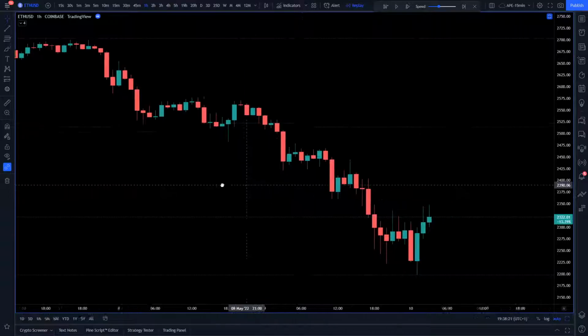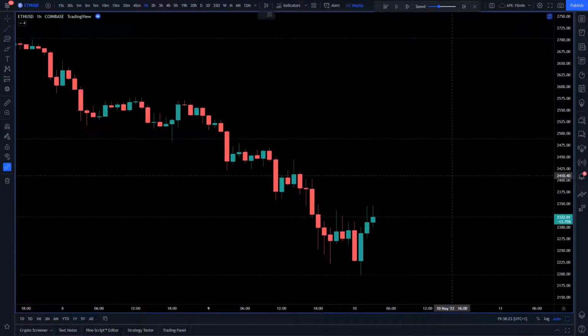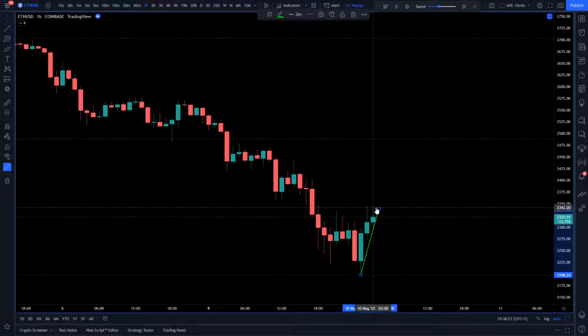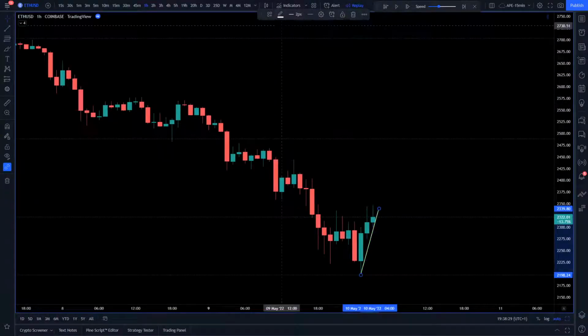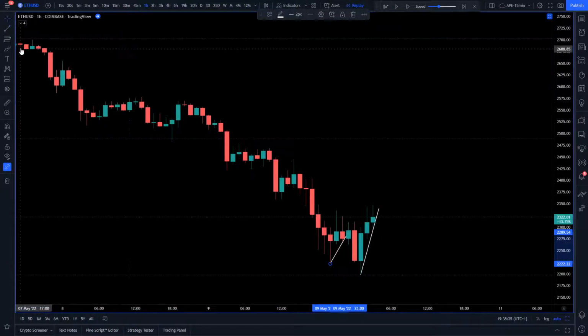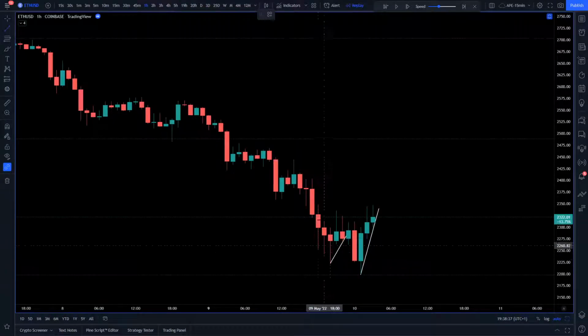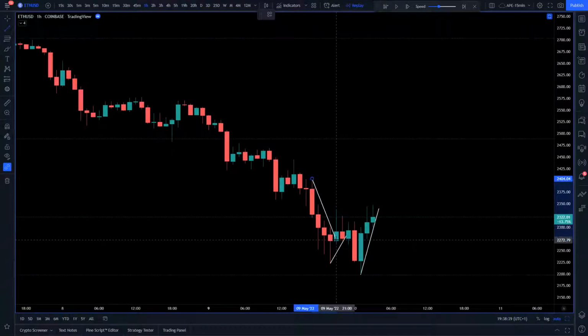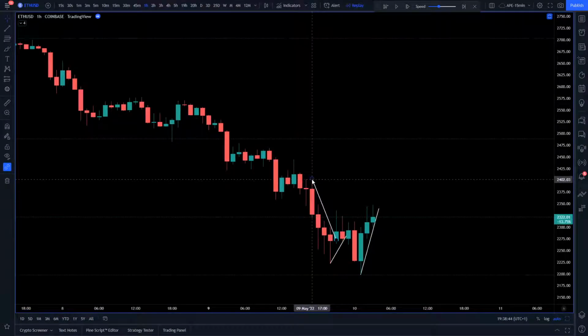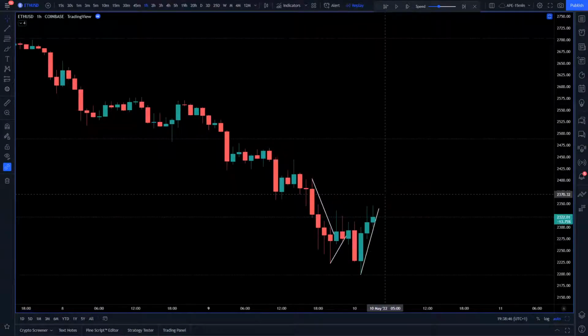First, we have this white trend going up, and from there I can draw a lot of white trends. So basically this is the market going down, up, down, and up.